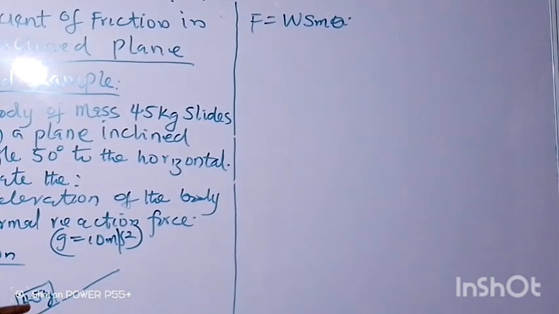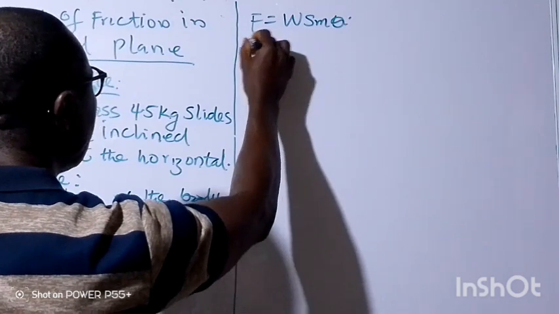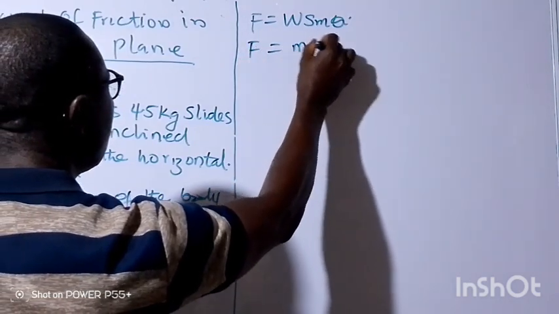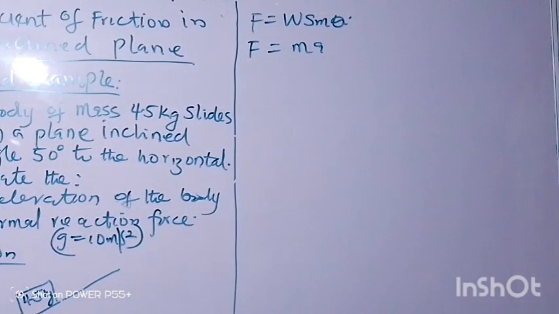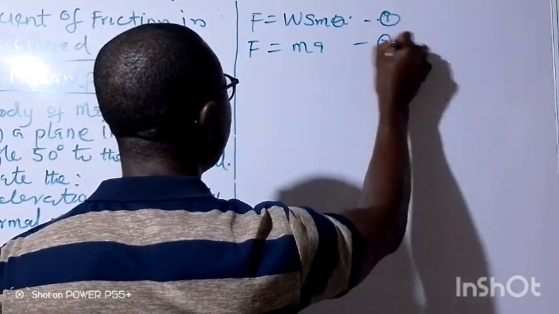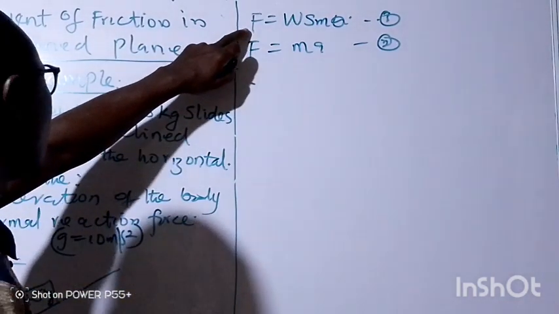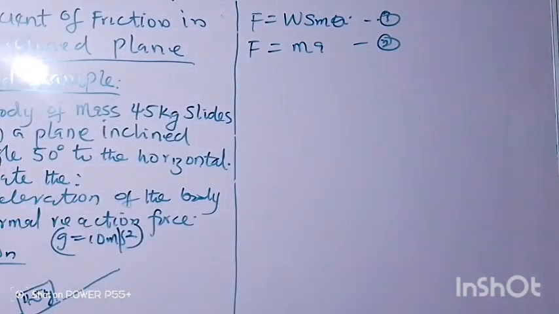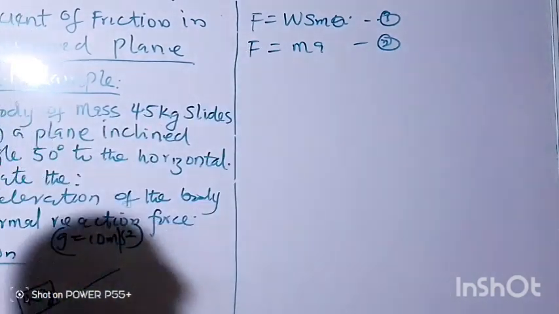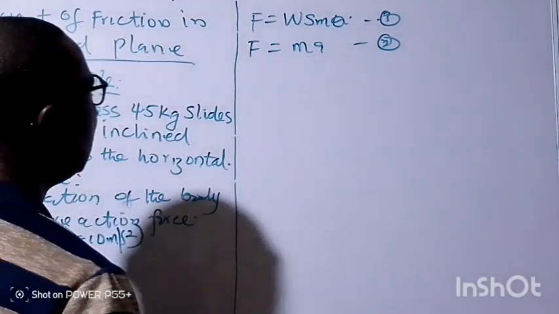If the body needs to accelerate, the force to accelerate is F is equal to MA. Take this one as equation 1, and this one as equation 2. This is the horizontal constant force that will slide down the body, and this is the force that is accelerating it. So both are force.